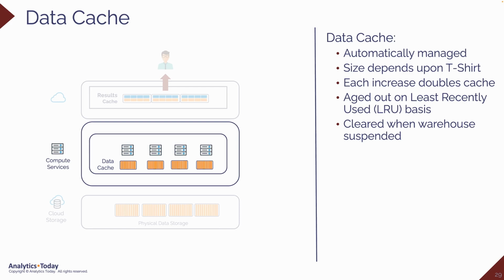Unlike the other caches, this is aged out on a least recently used basis, and we'll talk about what that means in a moment. And that cache is cleared when the warehouse is suspended. So provided the warehouse is up and running, that cache will still be fresh, and other queries, regardless of which user is executing them, will be executed using that data cache. One final point: the cache is never shared, never transferred across warehouses, and it's never shared across the nodes either.